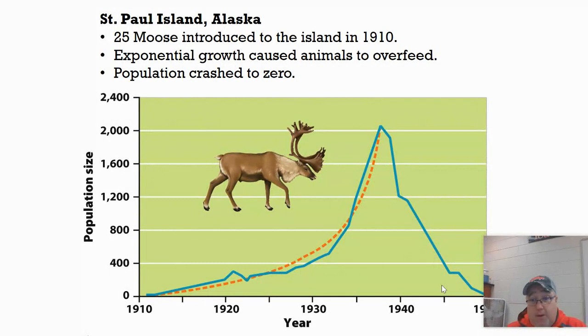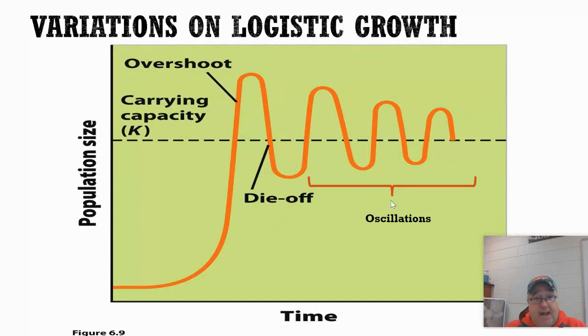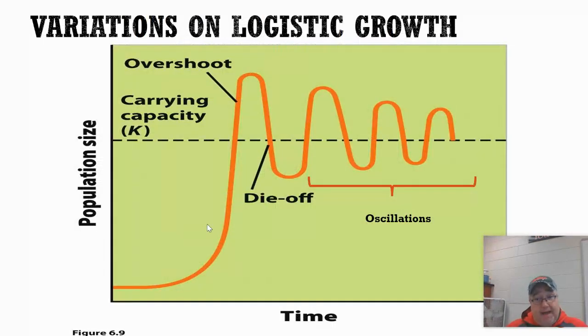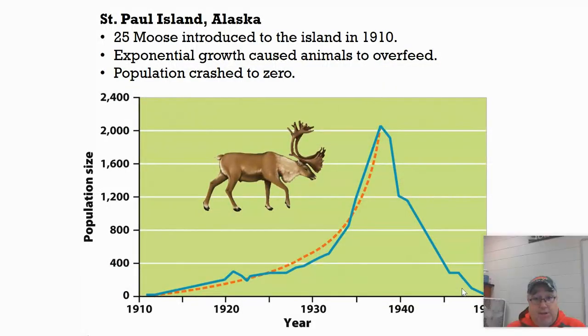There are now no longer any moose there because the population crashed down to zero. So I want us to understand that these overshoots could have drastic consequences for the population. So populations kind of have to be careful, not to overshoot too much, or else they could crash and they could crash down again to extinction.